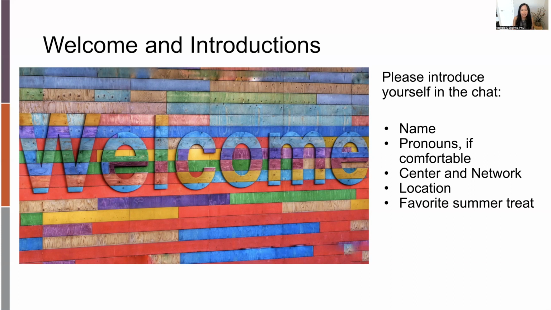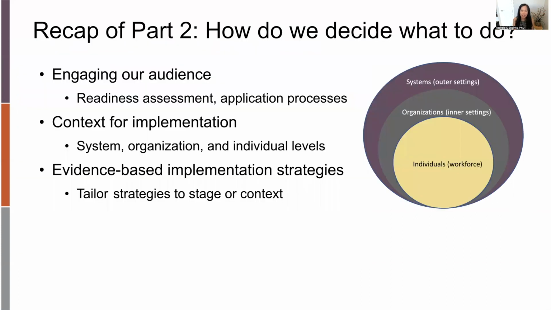Just as a little recap from part 2, how do we decide what to do from here? We talked about some strategies around engaging the audience, and this includes things like conducting a readiness assessment or implementing application processes, or maybe even most importantly, pulling together your TA team to walk through an implementation plan from the very beginning.